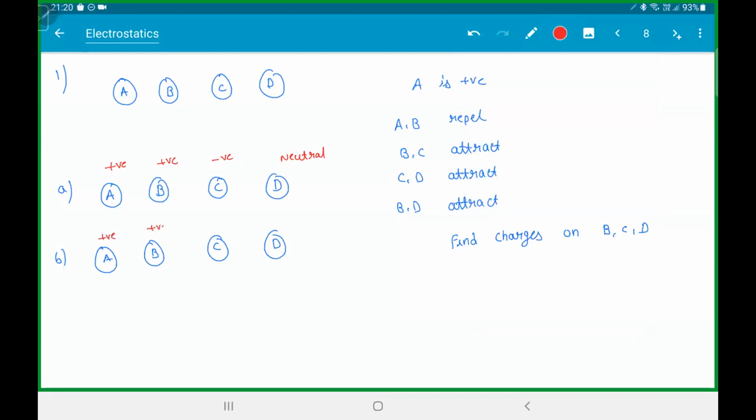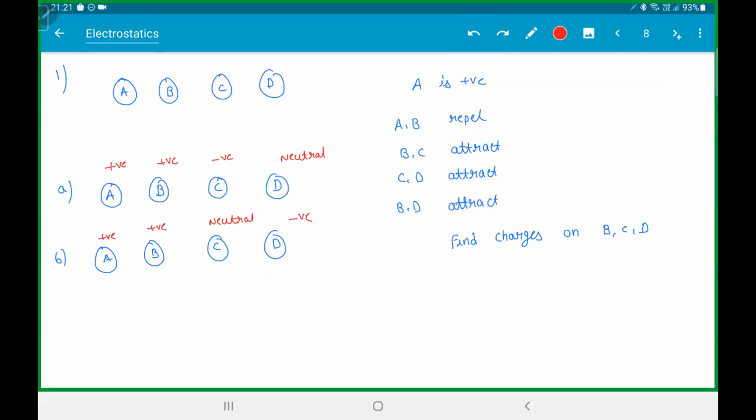A is positive, B is positive, C is neutral, and D is negative. Make sense? Now see, B and C will attract, C and D will attract, B and D also will attract. One of them is neutral. But the general tendency we have is we think only in terms of positive and negative. We can also have a neutral body. Easy?